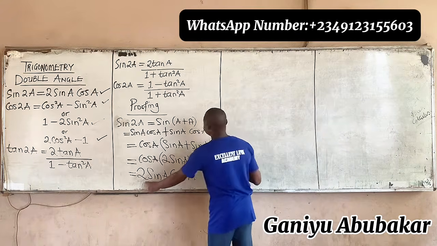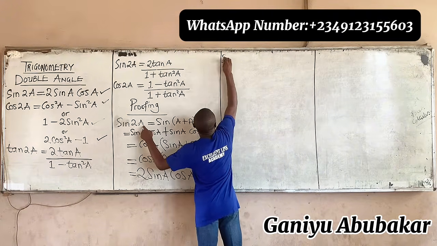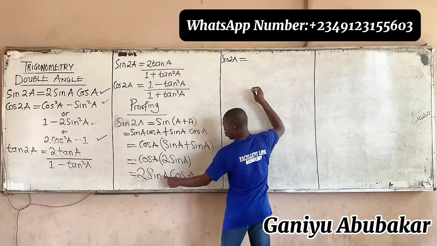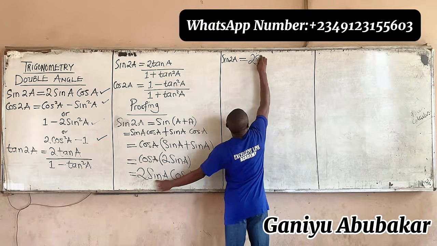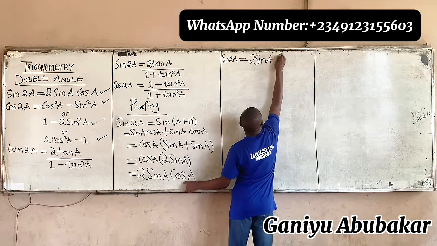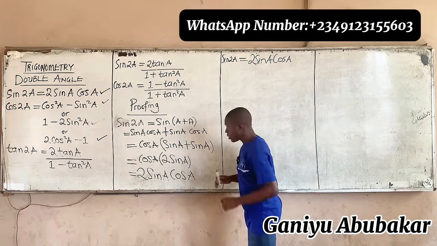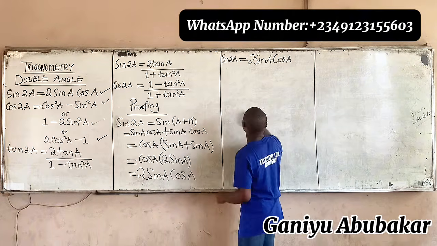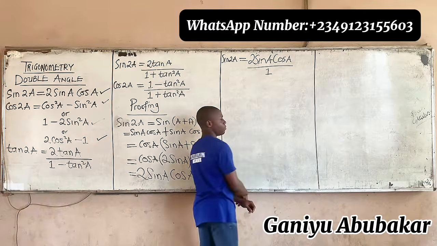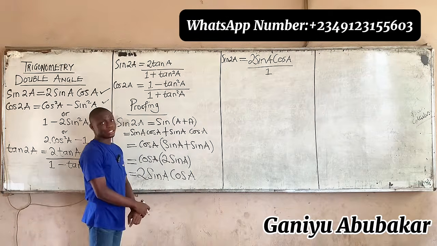We said sine 2A can be expressed as 2 sine A cos A, as proved. Now at this point, I'll divide this over 1.